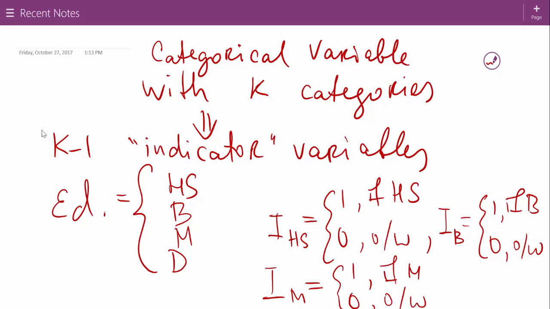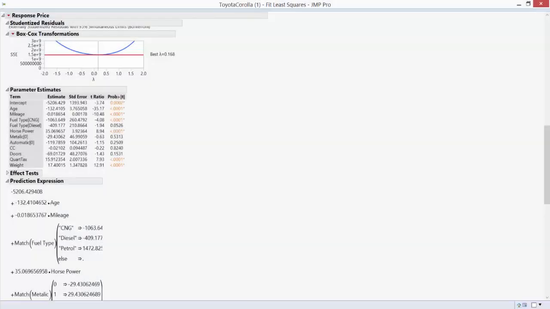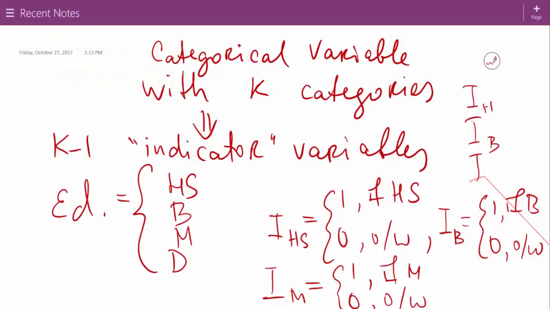How so? For example, let me write them out, okay? I high school, I for bachelor degree, and I for masters, right? Equals, equals, equals.